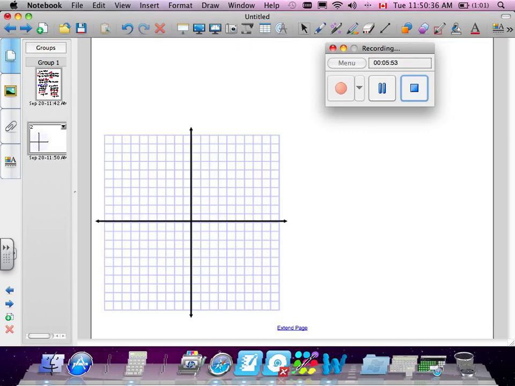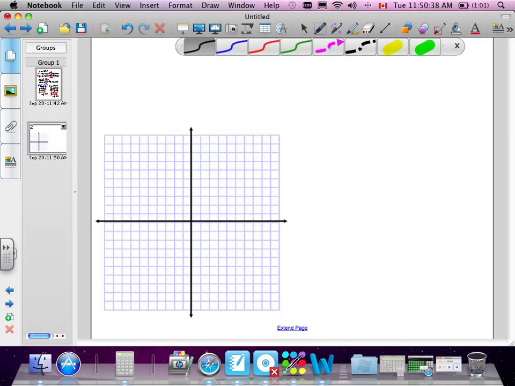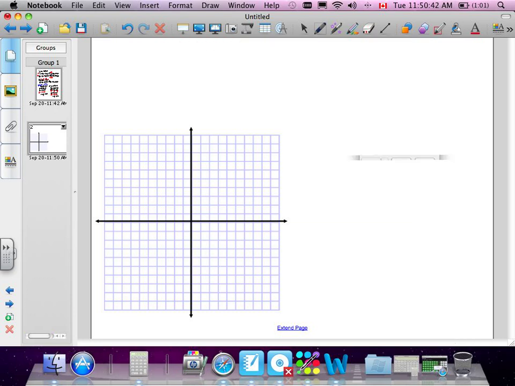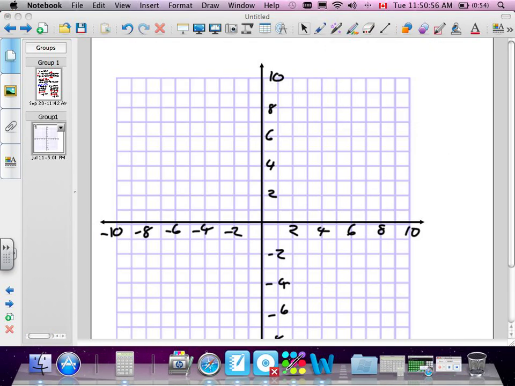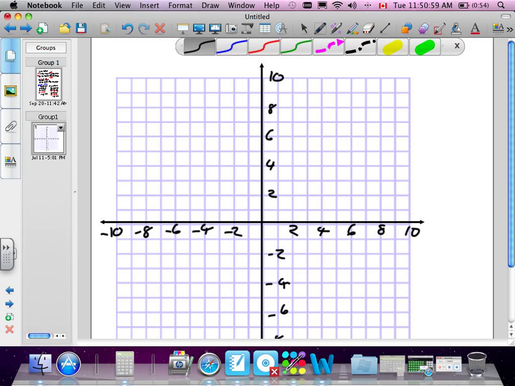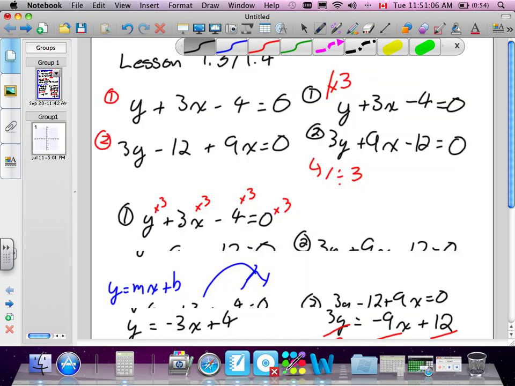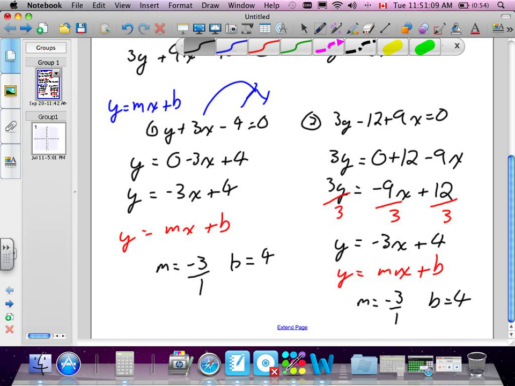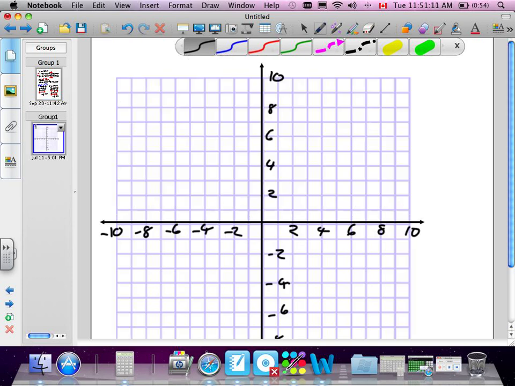So, what that means is we found our y-intercept was at 4, we said. We said our point of intersection on the y-axis was positive 4. Is that right? Yeah. Positive 4 and negative 3 is the slope. Okay. So positive 4 is our y-intercept.